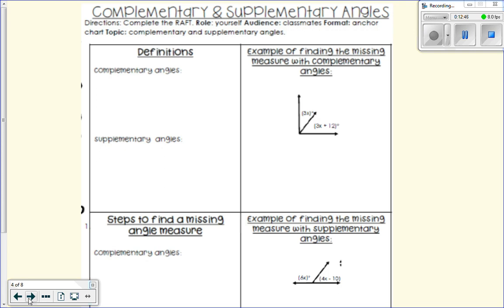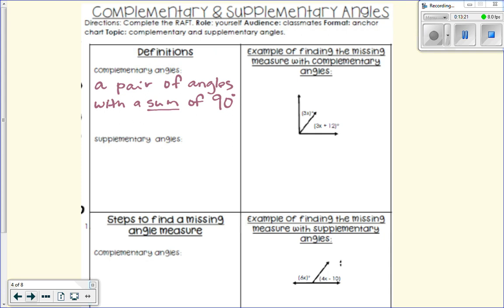Complementary angles is a pair of angles with a sum of 90 degrees. The angles can be separate angles from each other, and then just add up to a sum of 90 degrees. They can also be next to each other.